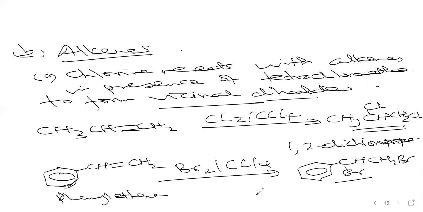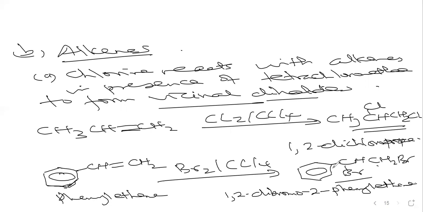I know you're thinking of the same name I'm thinking about, which is 1,2-dibromo-2-phenyl. That's the name of that vicinal dihalide. On carbon atom 1, we have a bromine atom.